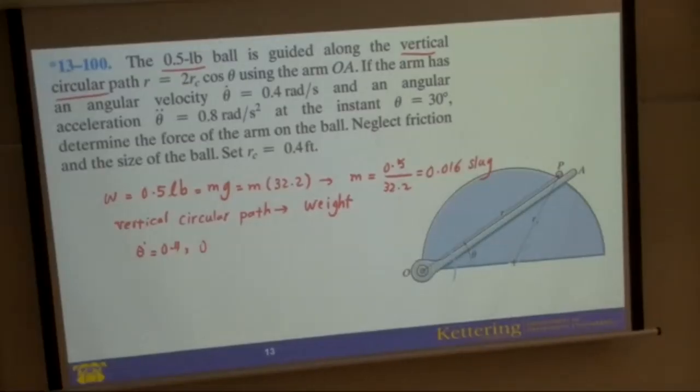Theta double dot is 0.8 radian per second squared. At the instant of theta equal to 30 degrees, we want to find the force P applied on this ball. There is no friction, and also we neglect the size of the ball, and it's a particle.